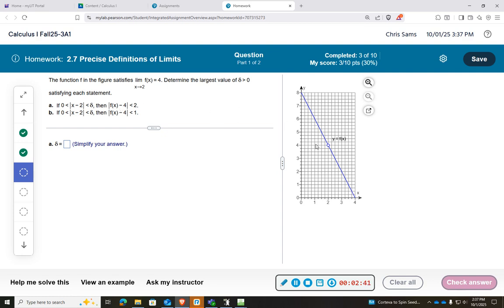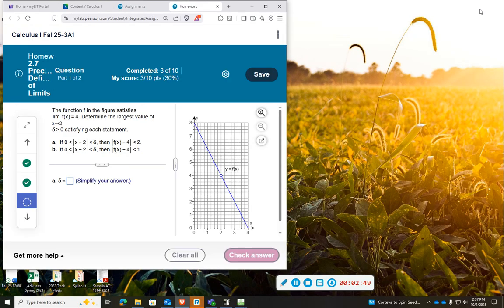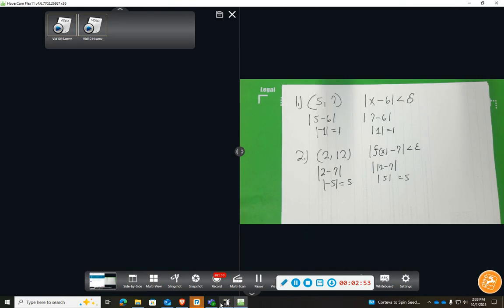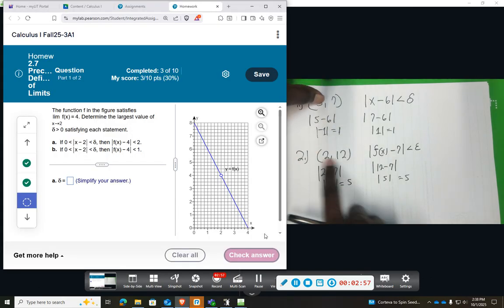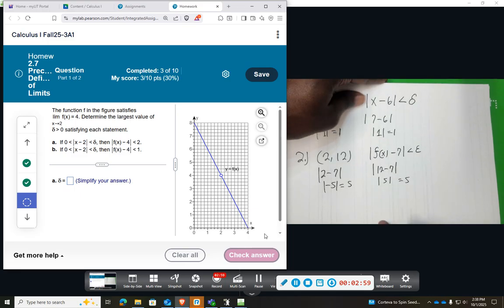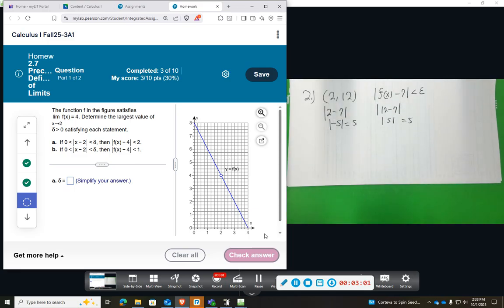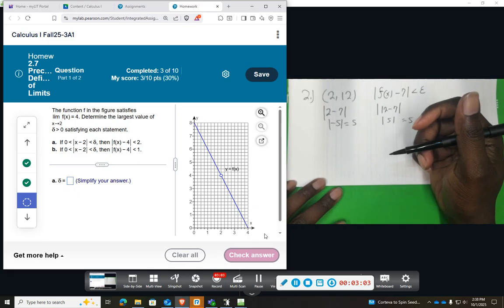So if we look at 4, we're told that the strip around y is going to be within 2. So if you think about absolute value, the strip around that being less than 2 is giving us the same idea here. One way you can think of it is just adding and subtracting that to both sides.